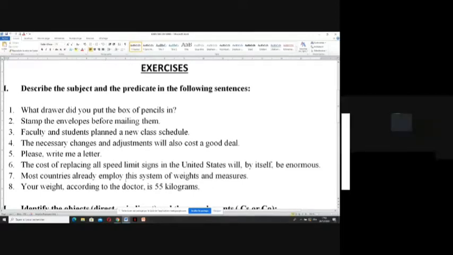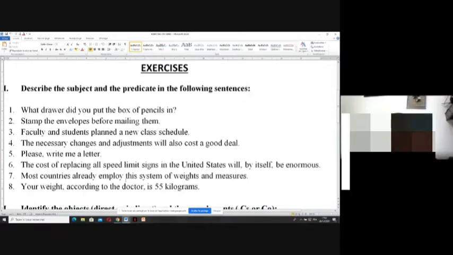Teacher, concerning number 5, there's no subject. We have just the predicate. No, we have here, please write me a letter. Here we have an imperative sentence, and in imperative sentences, the subject is implicit.